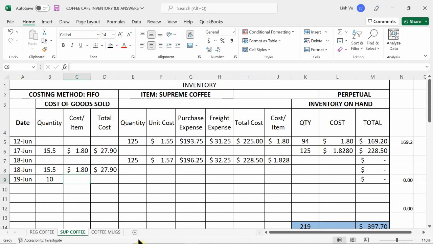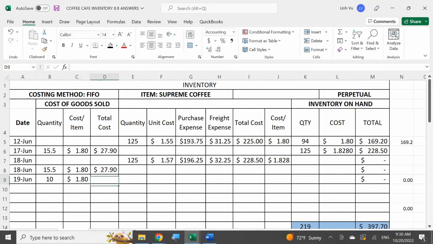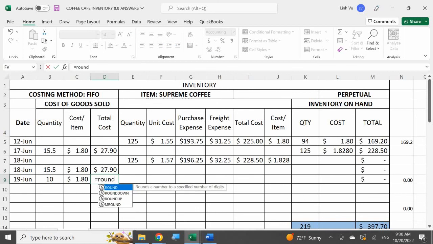June 12th. Okay, so what's my cost per item? $1.80. So if I sold 10 pounds at $1.80, how much is my total cost of goods sold?